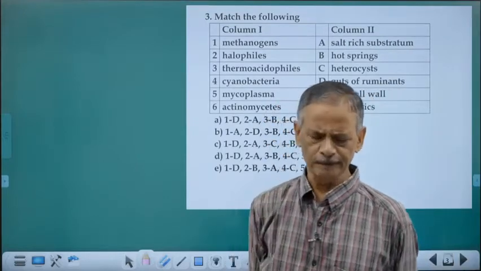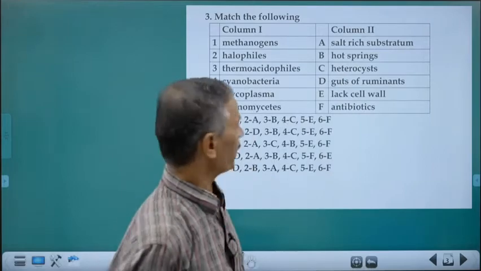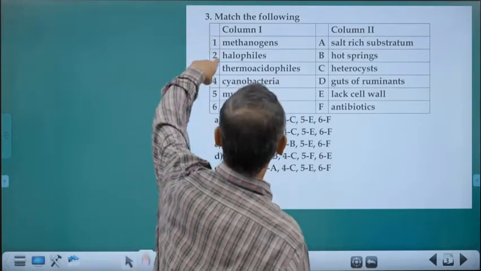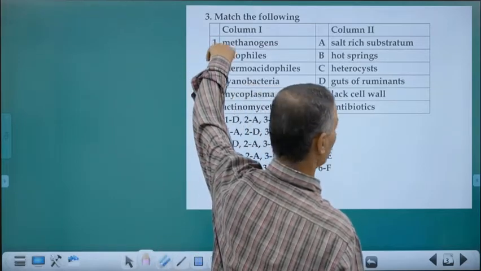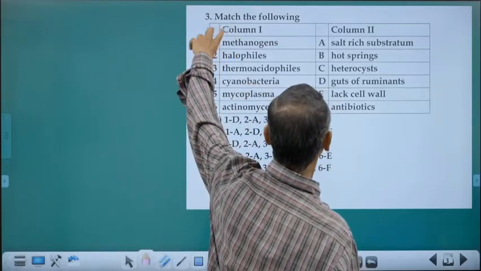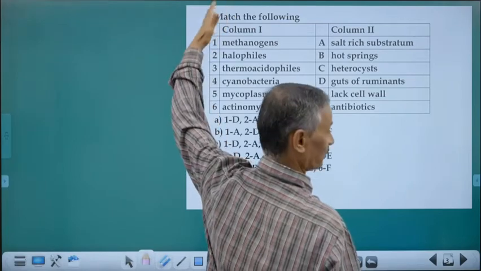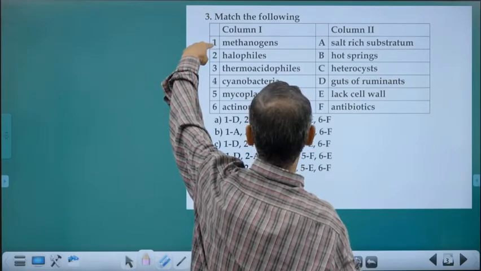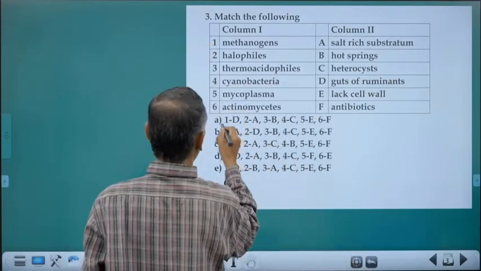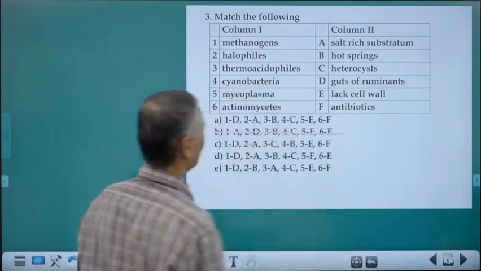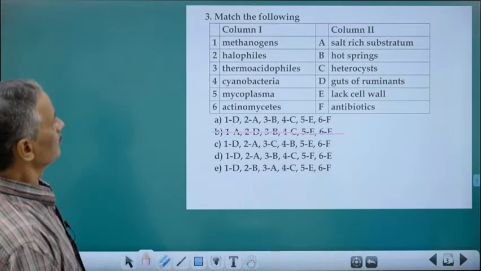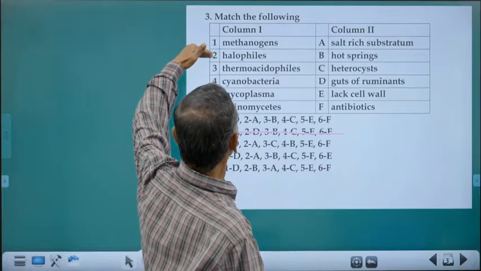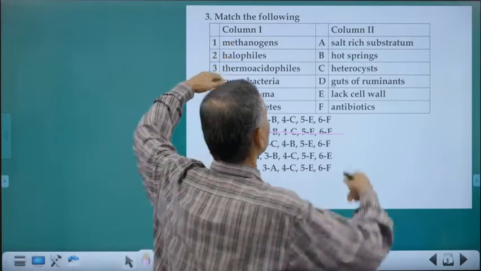Match the following. Whenever you have a match the following, it takes some time, but there is a technique. Methanogens, which produce methane gas, are present in the guts of ruminants. So one is D. We have 4 options, and you eliminated only B. Halophiles: halo means salt rich.